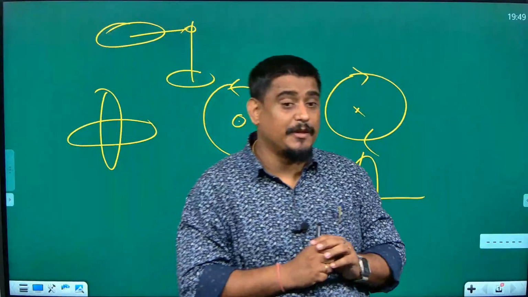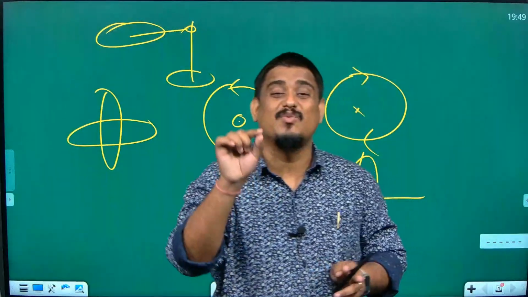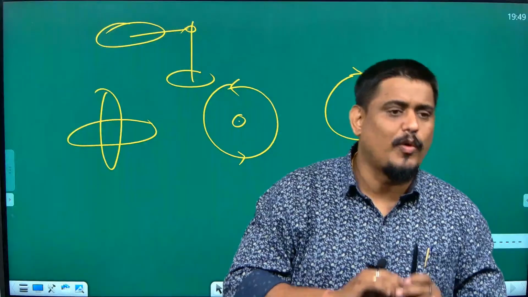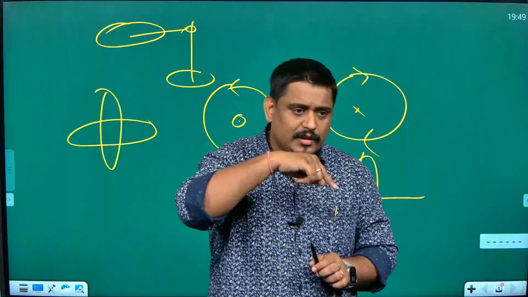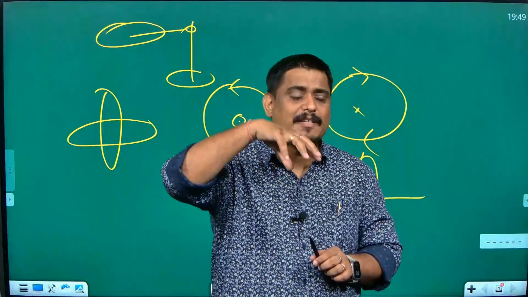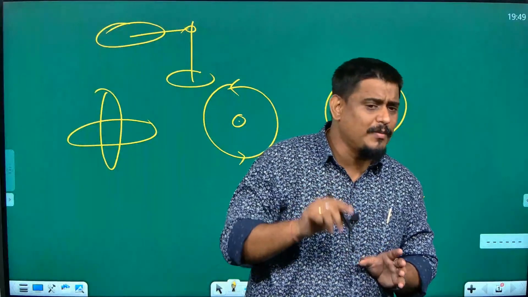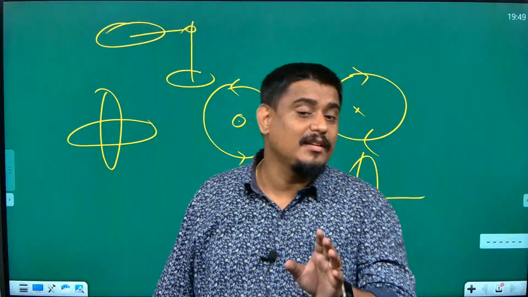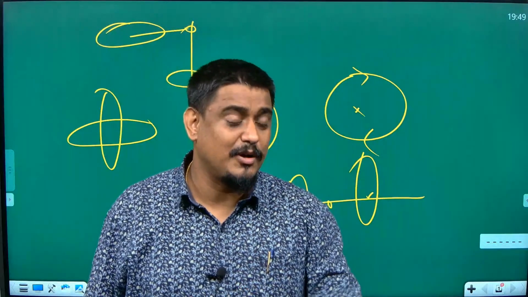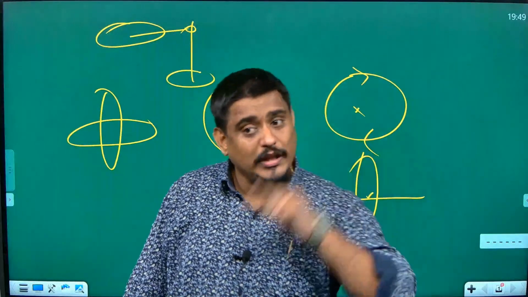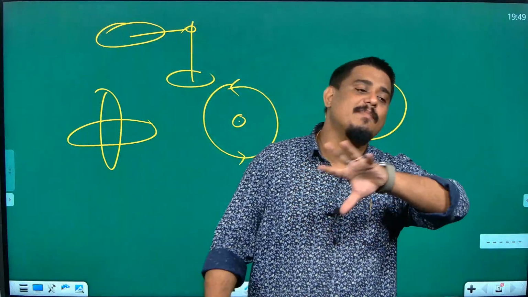Not only can you check the presence of current, you can also find its value. In an MCG, we have a current carrying loop kept inside the magnetic field. The problem is we want to maintain theta as 90 degrees. Why? Then only you will have the maximum torque, because torque depends upon theta. To do that, we provide a radial magnetic field.